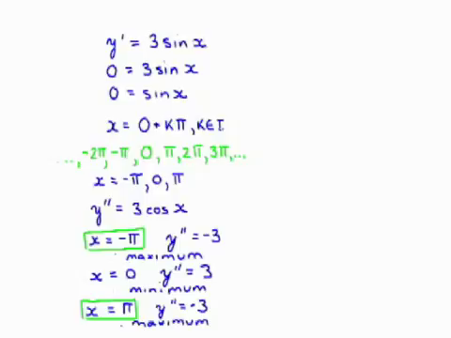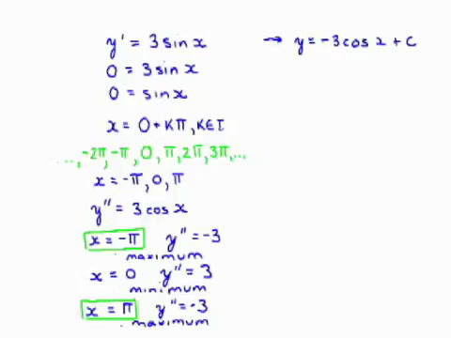And now I would really go back and address the first part of the question, finding the curve. So I go back up and I say, well, y prime is equal to 3 sine x. So using antiderivatives, I know that y is going to equal negative 3 cosine x plus c. I still need to find that value of c.